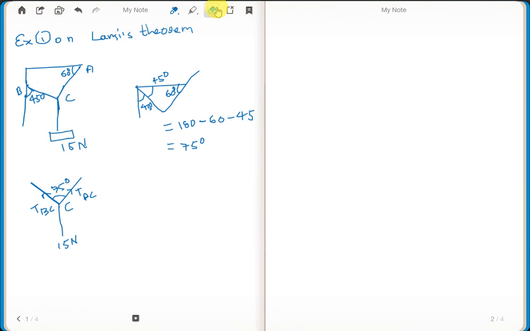Next we need to find the angle between the BC string and the string to which the load is connected. For that, again separately we represent and simplify. I want to draw the BC string and the load string. This angle is already given as 45 degrees.